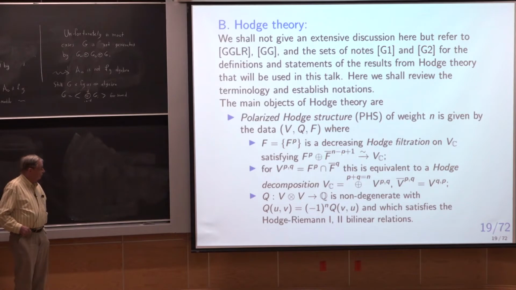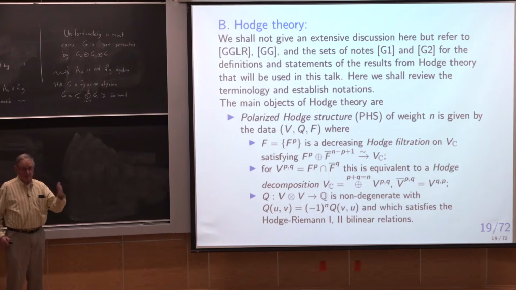A more familiar form of this condition is if you look at the intersection of F^p with F^q bar, then the vector space has the so-called Hodge decomposition. It decomposes into (p,q) parts with this conjugation relation.